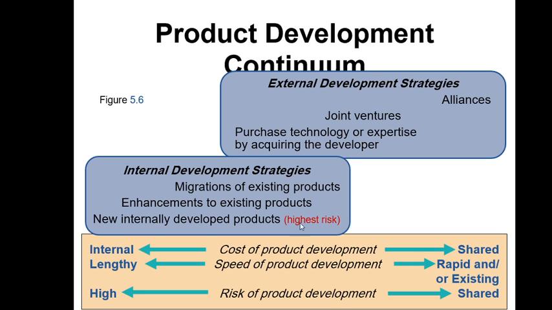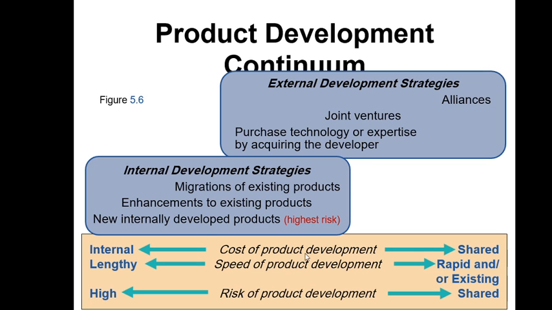But you have to take note here. This is a very important note: the highest risk strategy is the new internally developed products. It has the highest risk among the internal development strategies and also among the external development strategies. That's why I have it for you here in red color. So take note of it, please.